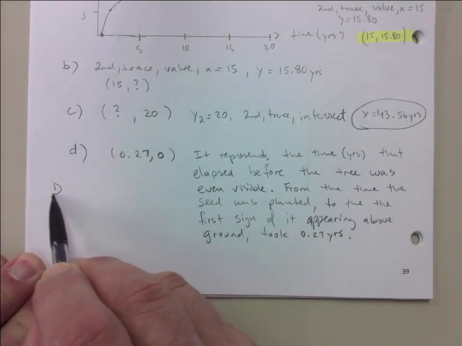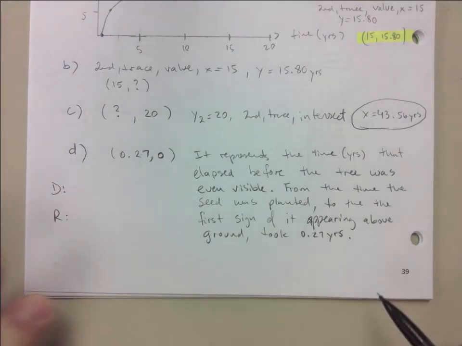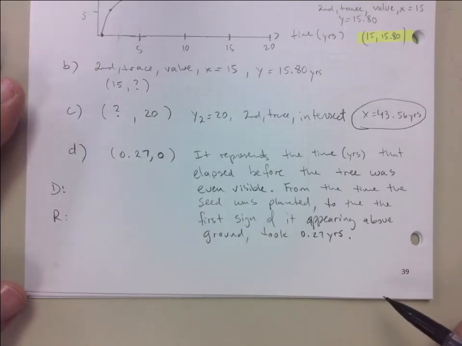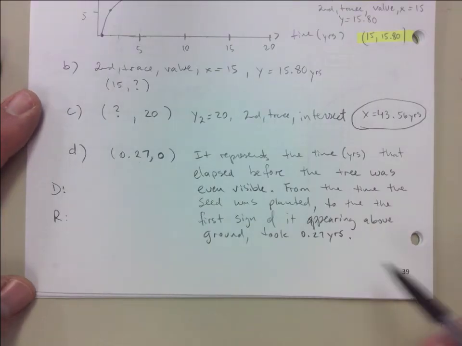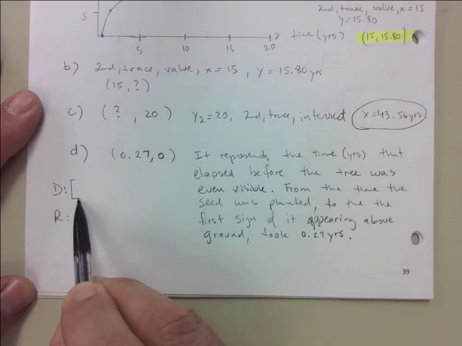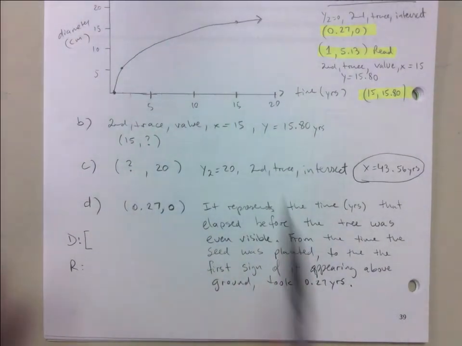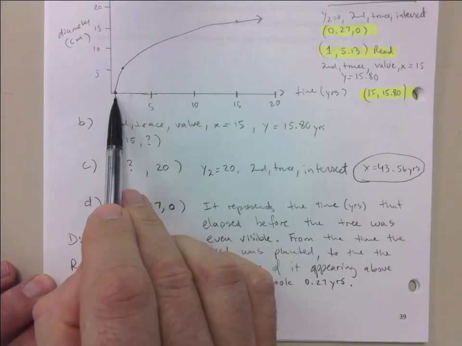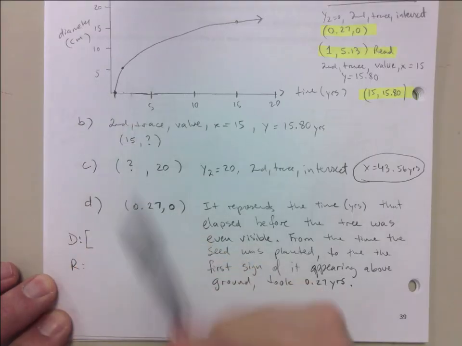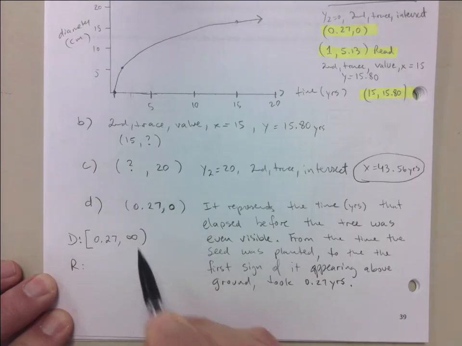This question doesn't ask you for it, but I would love for you to state the domain and range here. What's my domain here? Look at the graph. I always like the graph for you to. Time starts where, technically? It starts right here. So for this particular instance, it's 0.27 until infinity.